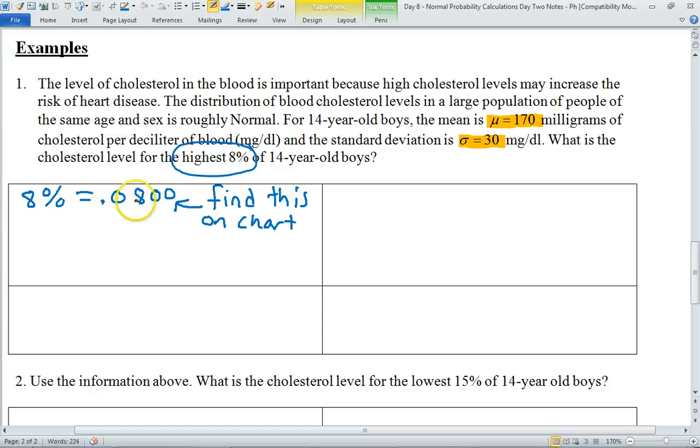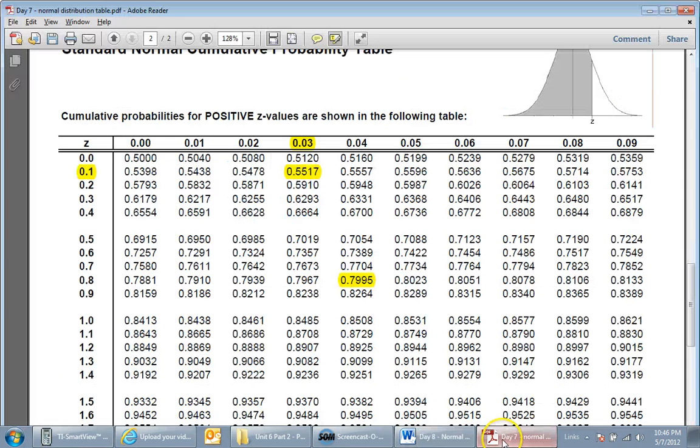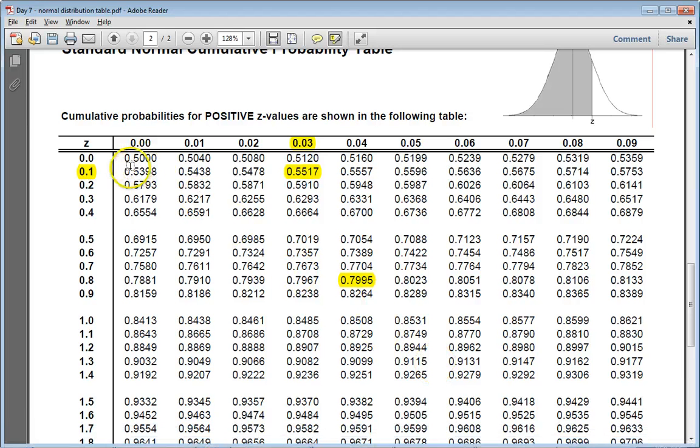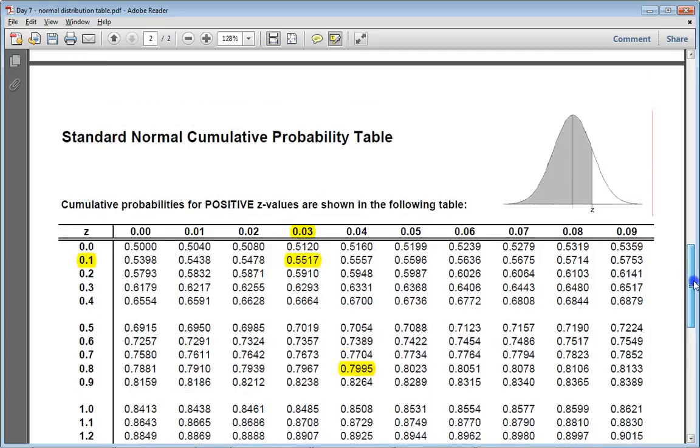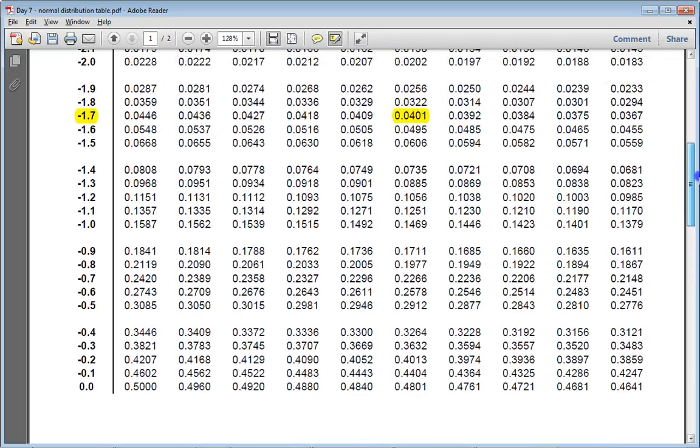So let's find this on the chart. Okay, 0.0800. I got 0.5. These numbers are all bigger than that, so I must need the negatives. Okay, so here these numbers are pretty close. Right here I've got 0.0808. That's 8 away. Okay, let's see.